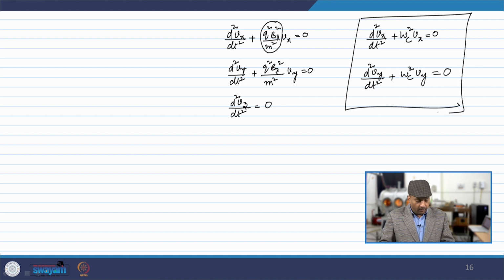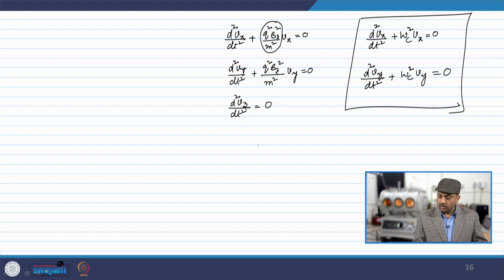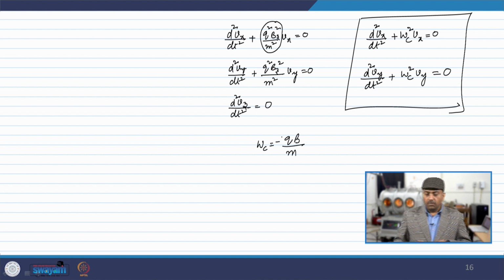Now, it is very important for us to understand what this omega c is. As per this substitution, omega c is qB by m. Let us make the sign explicit on the right hand side, so omega c is minus qB by m. This is the angular frequency, no doubt, and it is conveying a powerful message actually.